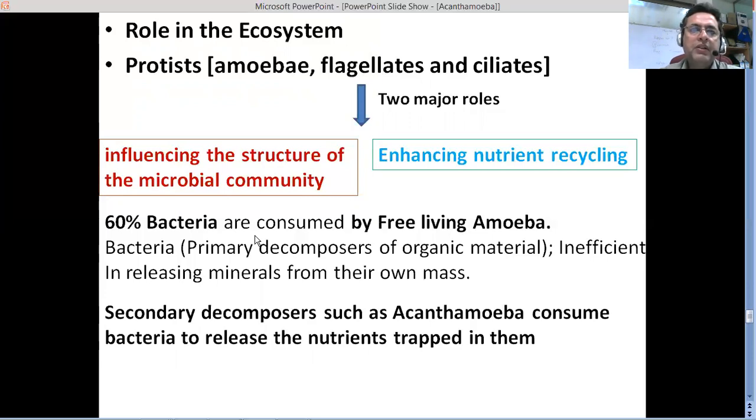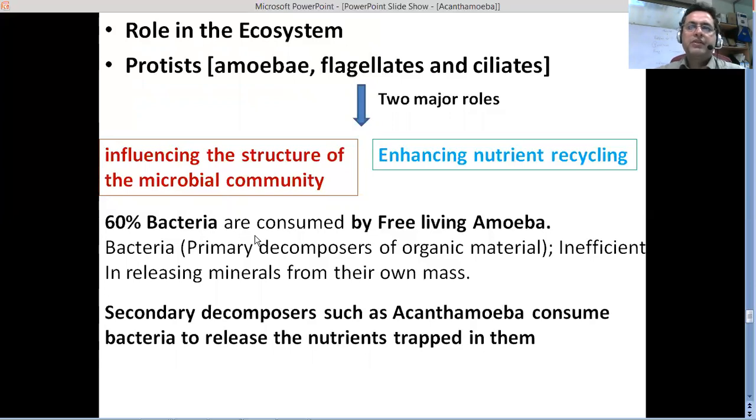So amoebas are very helpful, particularly Acanthamoeba, in these conditions because they consume 60% of bacteria. The free-living amoebas are feeding on bacteria. They are bacterivores. And 60% of these primary decomposers are decomposed by the secondary decomposers, which are these amoebas.